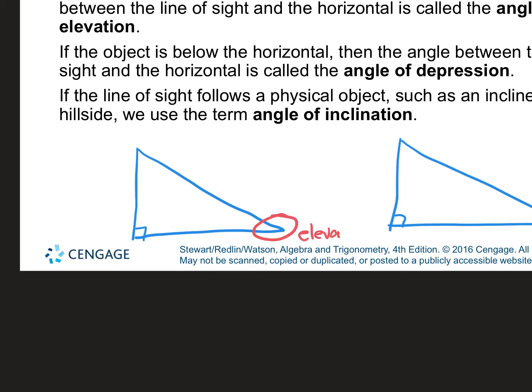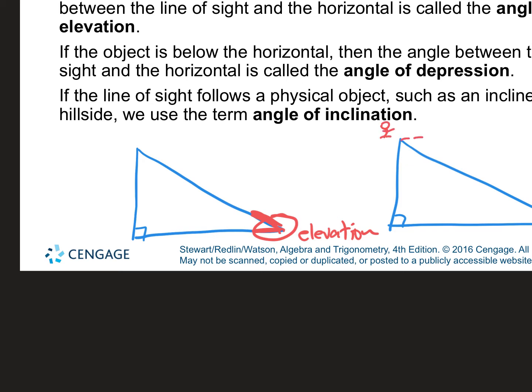Because think about it. Elevation. From the ground, what happens to your line of sight? You're looking which way? Up, right? It's creating it upwards. Angle of depression, a lot of times, someone is standing and looking down at something.